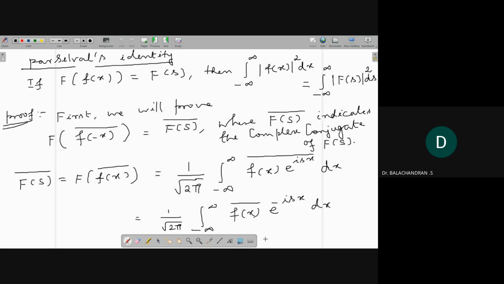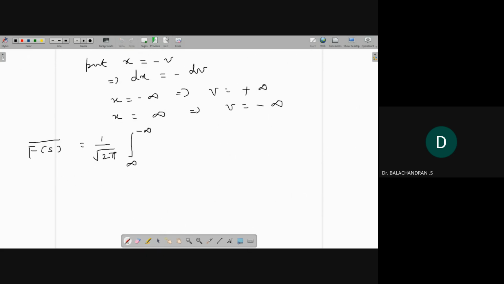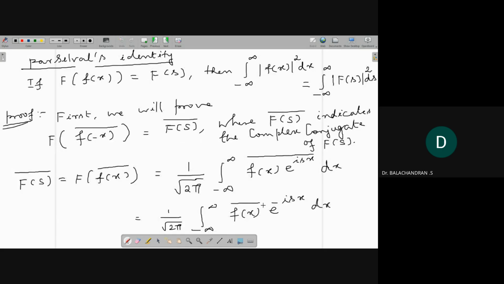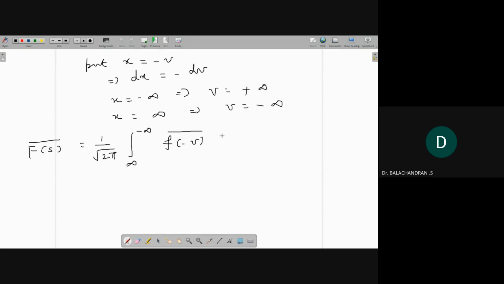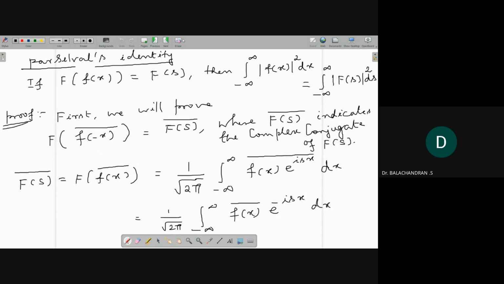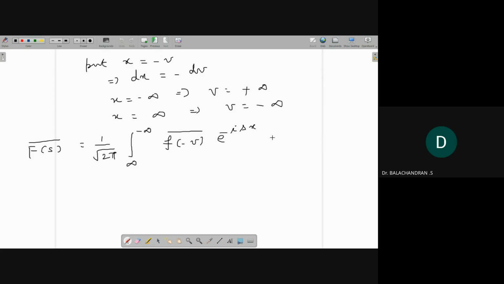And then f of x is f of minus v, f of minus v whole bar, into e power minus isx, and then dx. What is dx? dx is minus dv. So now because of this minus, we can interchange the limits.